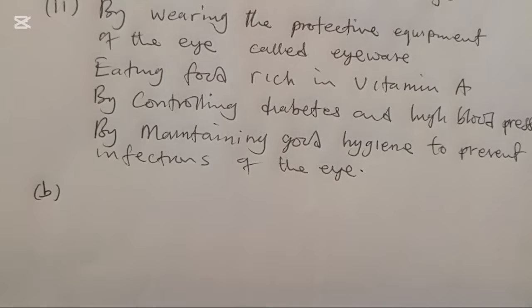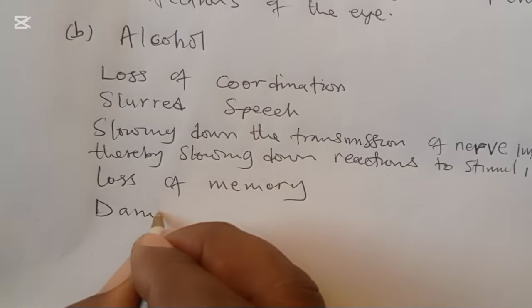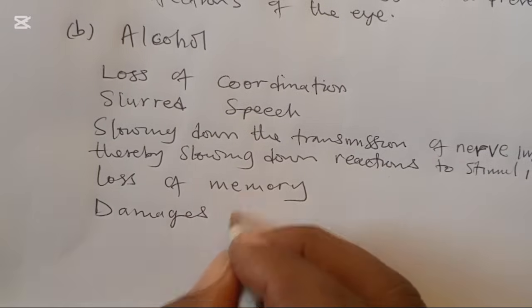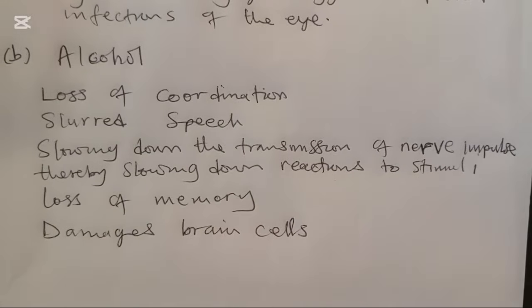Not forgetting loss of memory. So alcohol, it also damages the brain cells and also slurred speech. These are some of the effects to the nervous system. So if it was just generally, its effect would have added, it brings about poverty.